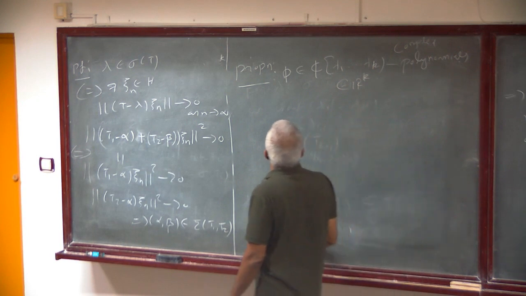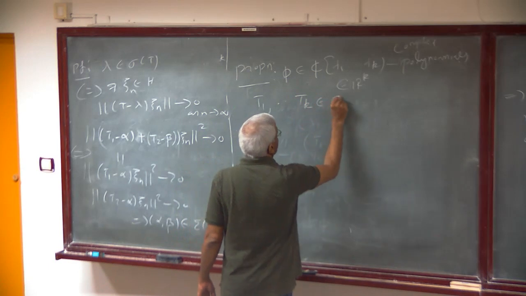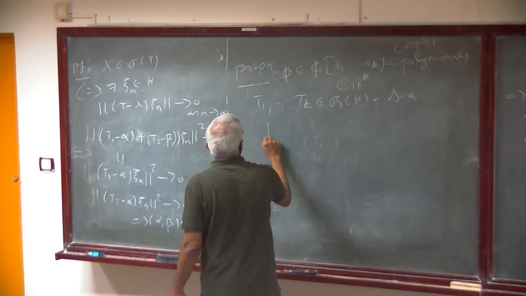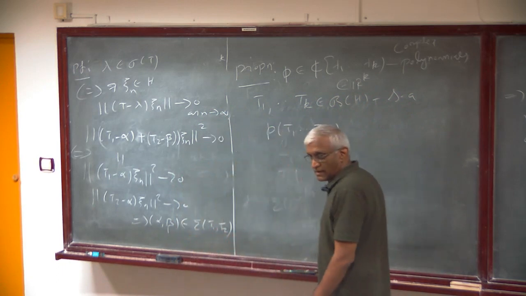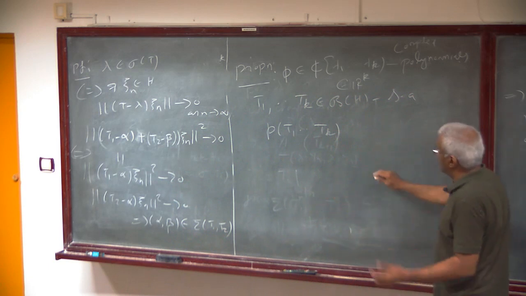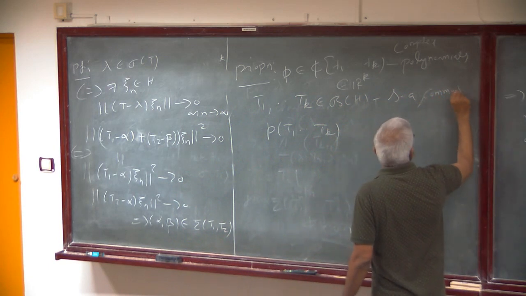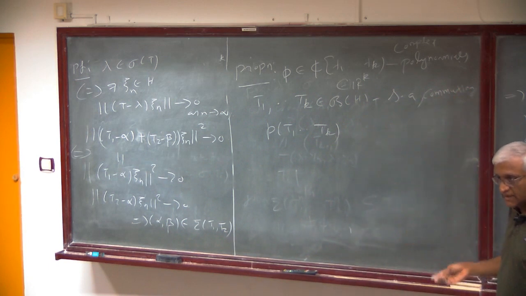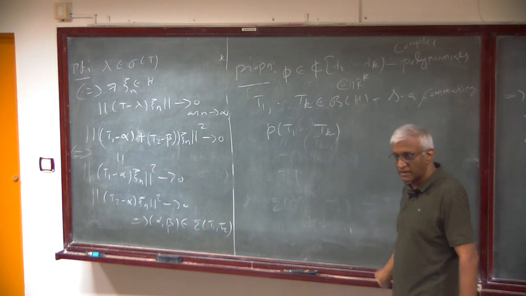And if T1 up to Tk are self-adjoint and commute, we have commuting self-adjoint operators. Then of course P of T1 up to Tk we can define. We take this polynomial and insert T1 up to Tk in it.